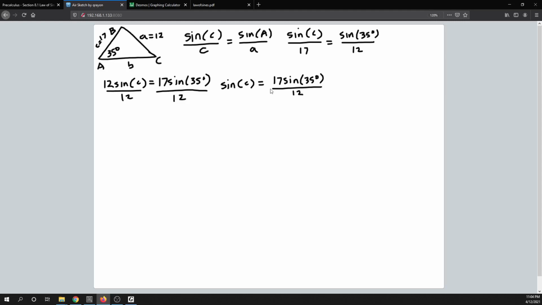All right, and we want angle C. So what we would do is take the inverse sine of both sides. That would leave me with just C over on this side, and I'd have the inverse sine of 17 sine of 35 degrees all over 12. Like so.